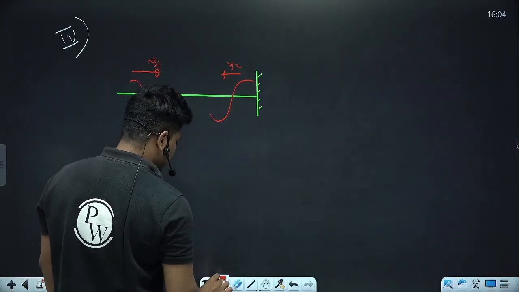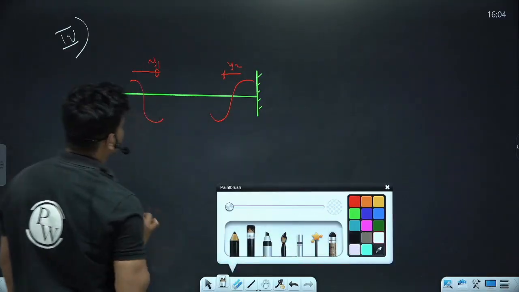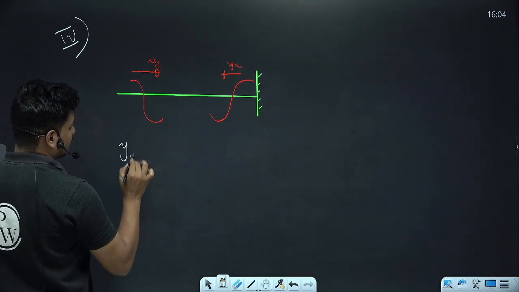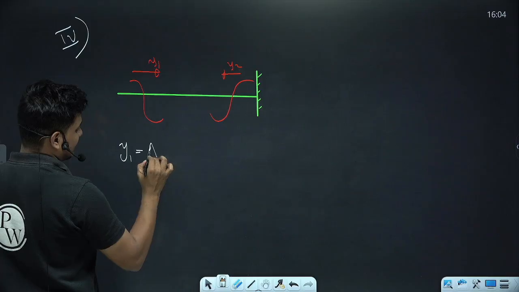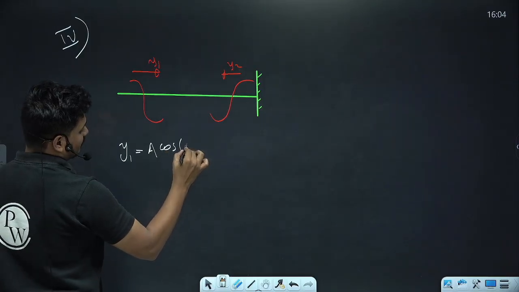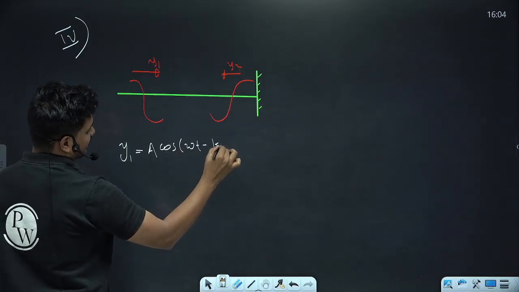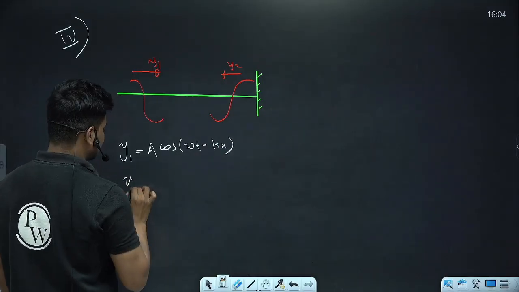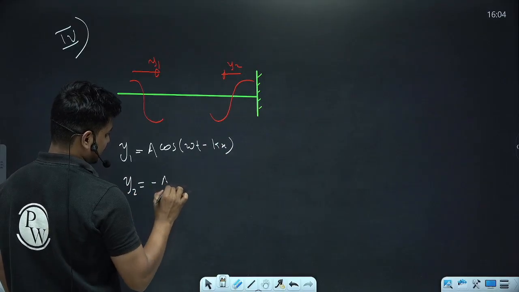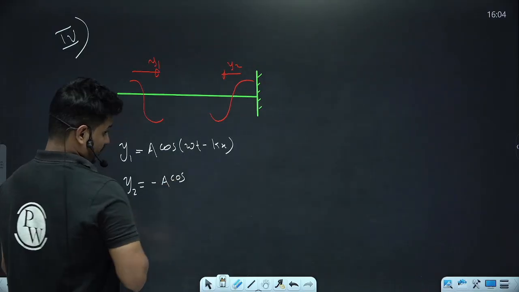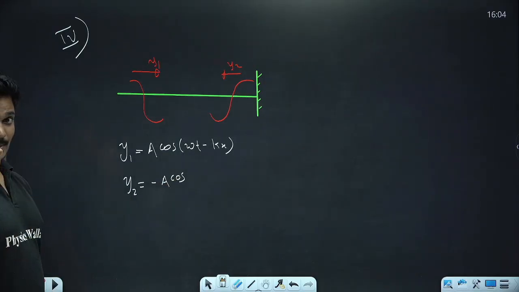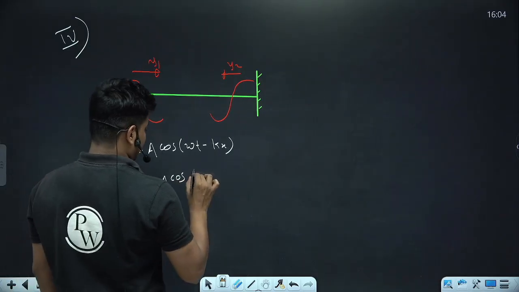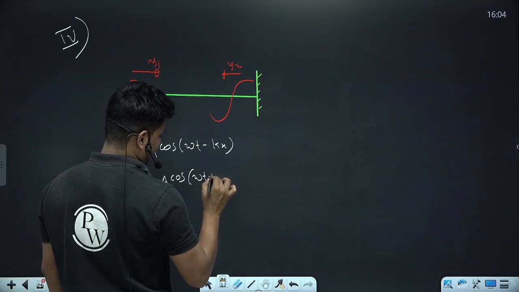Then what is y1, students? It's a cos graph. y1 is a cos(omega t minus kx). Then what is the reflected wave? We know it is minus a, with a phase difference of pi: cos(omega t plus kx).